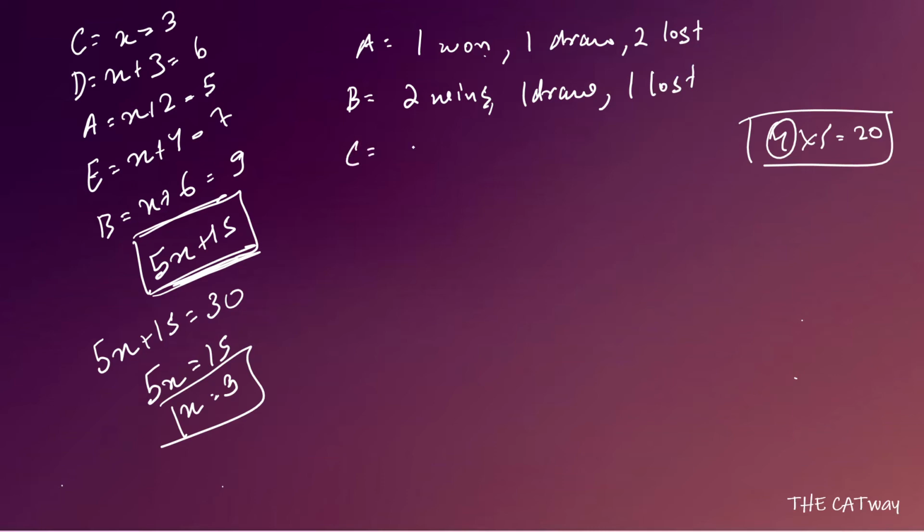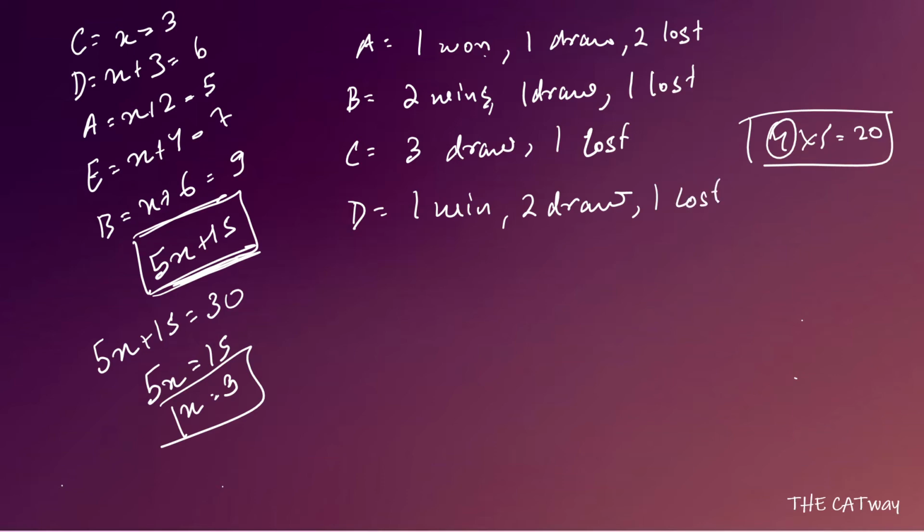Coming to C, C has 3 draw, 1 lost match, no wins. Coming to D, D has 1 win, 2 draw, and 1 lost match. Okay. Now coming to E, so E has how many points? E has 1 win and 3 draws, no loss.